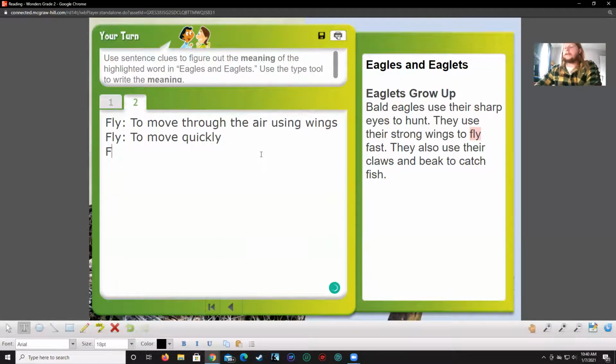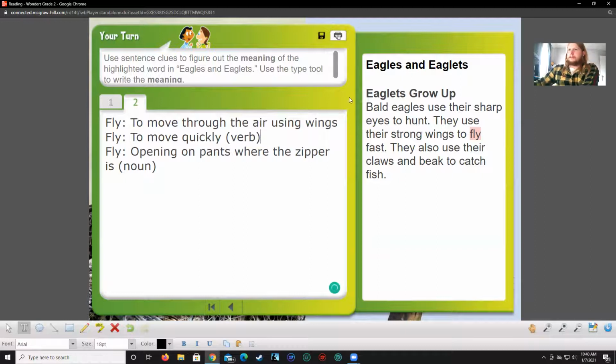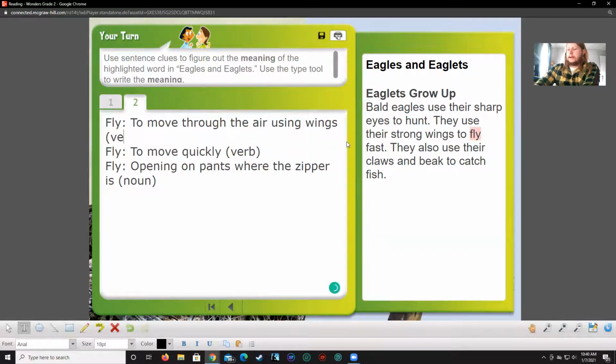There's also another definition of fly, which is the opening on pants where the zipper is. That is a noun, though. This one is a noun. To move quickly, that's a verb. To move through the air using wings, that is a verb.